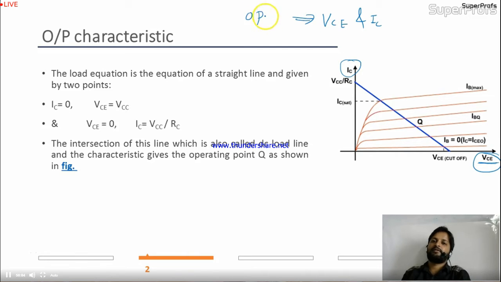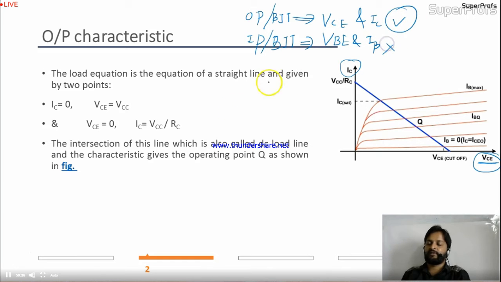If you talk about the input of BJT, the input characteristic is not important here, though we discussed it. The input relation will be in VBE and IB. This one is important, this is not, because at the output stage we are checking the amplification only.